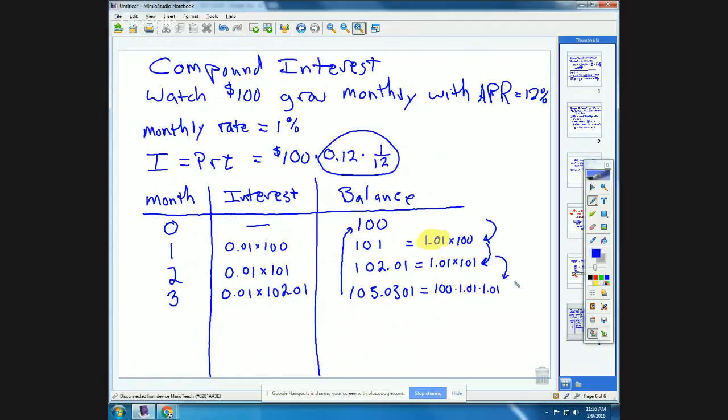And I have to do that one more time. And remember, repeated multiplication is an exponent. So I believe that that $103.03, 3 cents, 100th of a cent, is really $100 times 1.01 to the third power. So I'm going to ask Google calculator what it thinks about that.